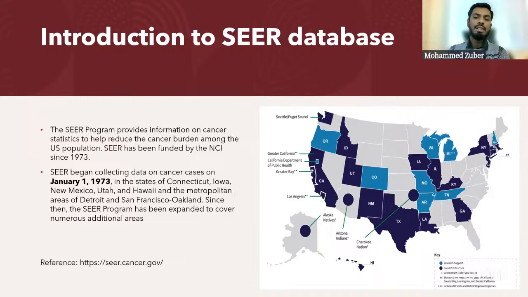Initially it covered 5 states, but since then it has been expanded to cover numerous additional areas, almost all the states that you can see in the figure. So it is one of the important databases as far as cancer is concerned, and you can use this data to explore and publish the results that you would be interested in.